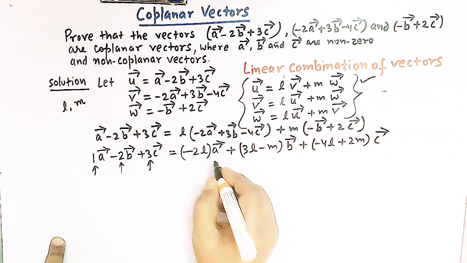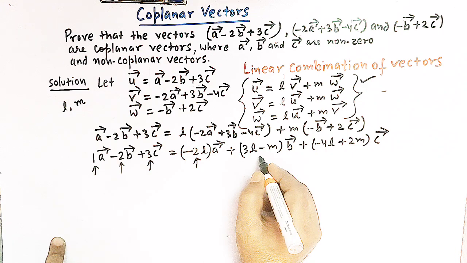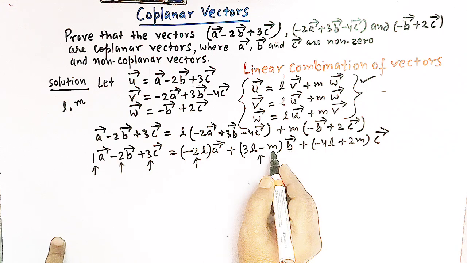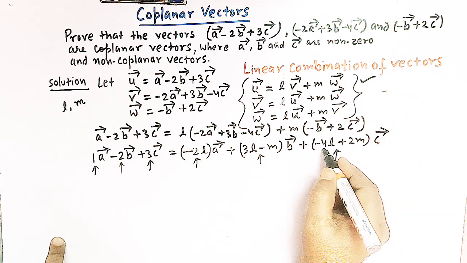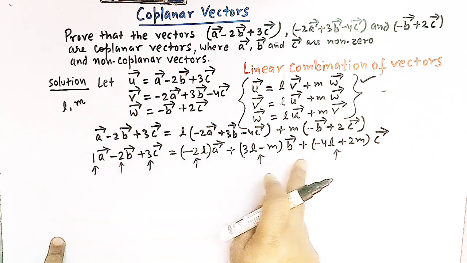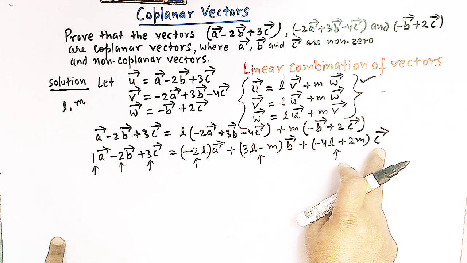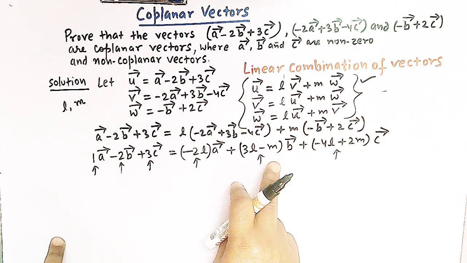On the other side, the coefficient of vector a is minus 2l, the coefficient of vector b is 3l minus m, and the coefficient of vector c is minus 4l plus 2m. Let us compare the coefficients of a, b, and c on both sides and frame three linear equations in l and m.